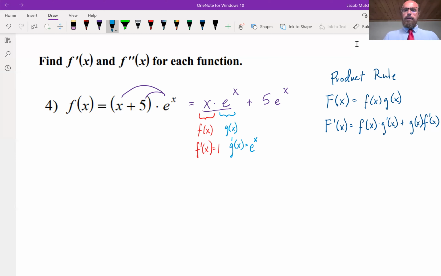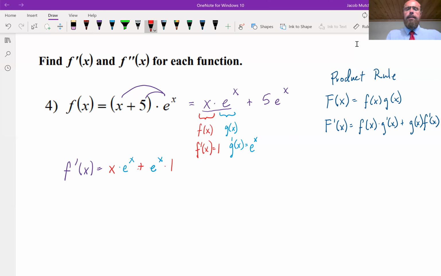So I'm ready to fill in the parts for this first term of my function. So I'm going to start writing the first derivative of f of x. It is going to be, according to this pattern, f of x, which is x, times the derivative of g, which is e to the power of x, plus g of x, which is also e to the power of x, times derivative of f, which is just 1.